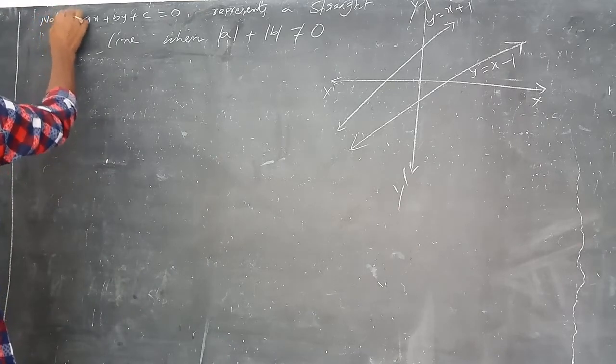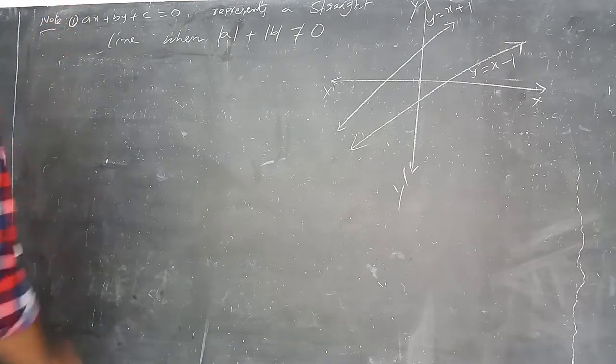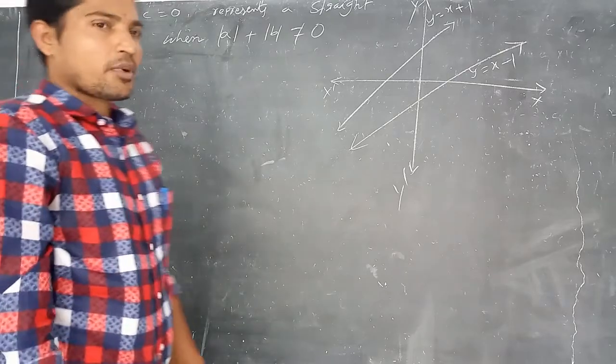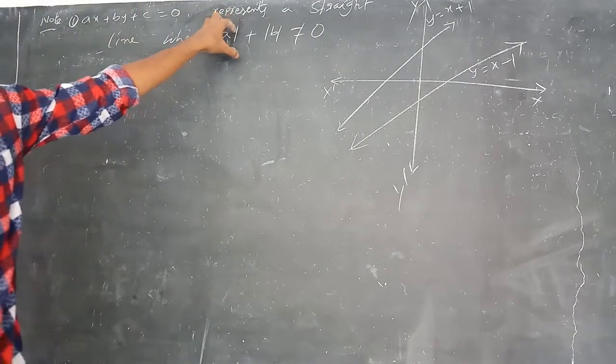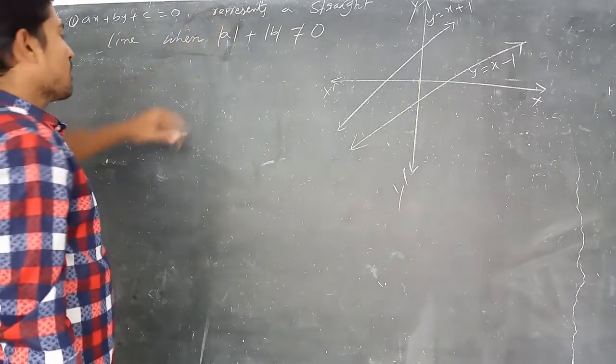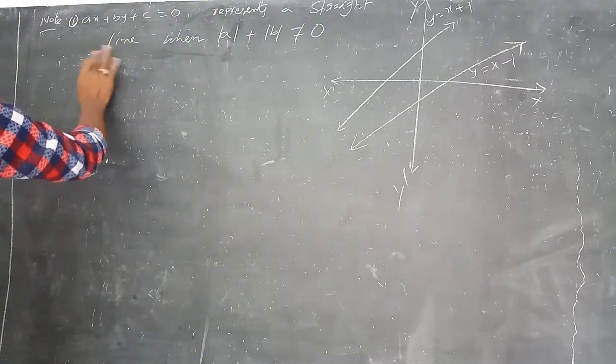So note, ax plus by plus c represents a straight line when modulus of a plus modulus of b is not equal to 0.